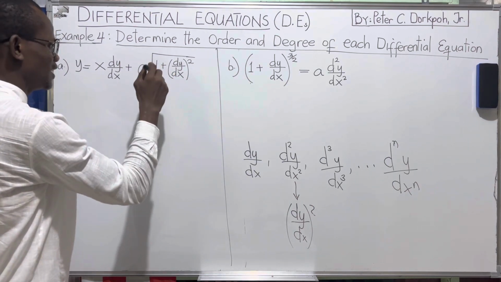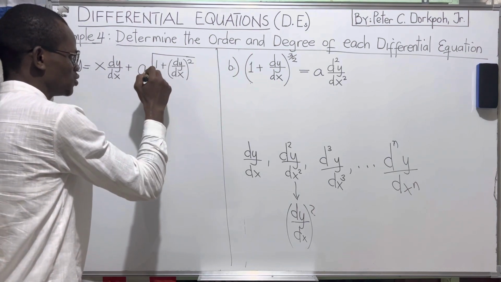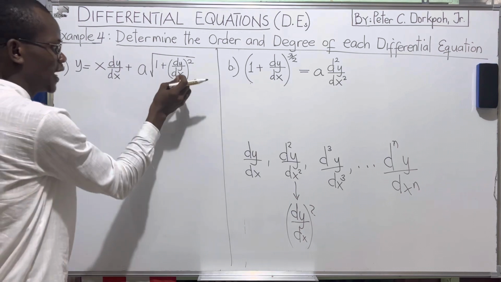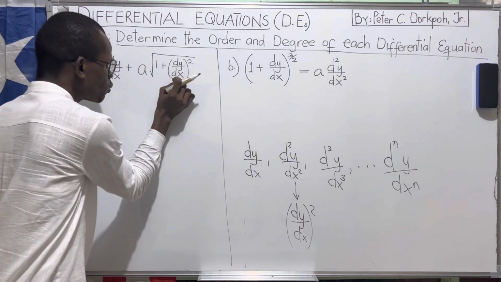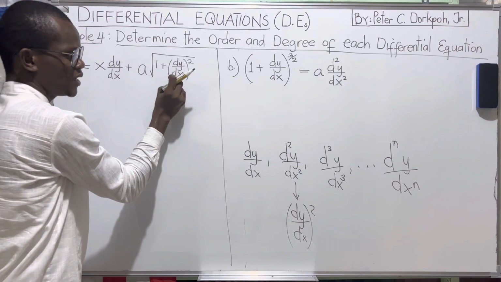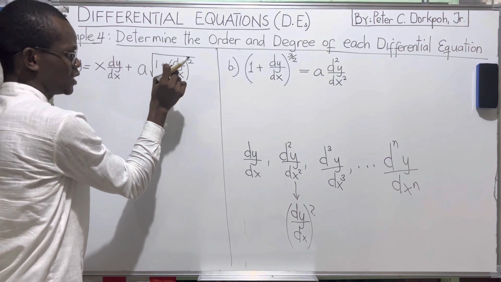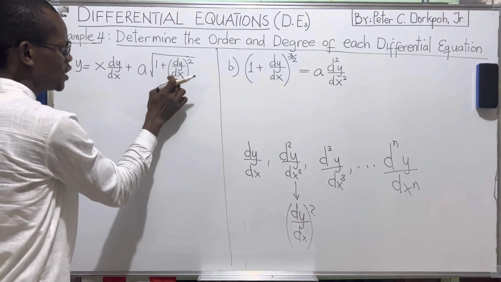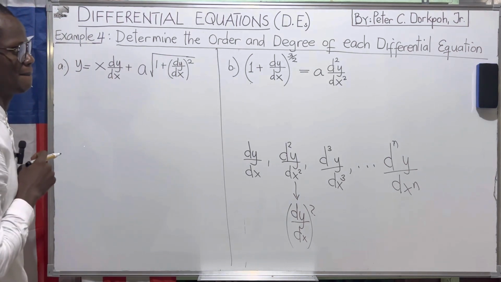In fact, the entire expression is raised to the power 1 over 2, which is a fractional power. And this term is the main concentration of the problem, that is the highest derivative of the problem. So we need to be able to solve for this.